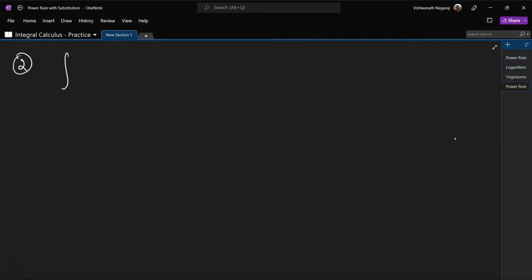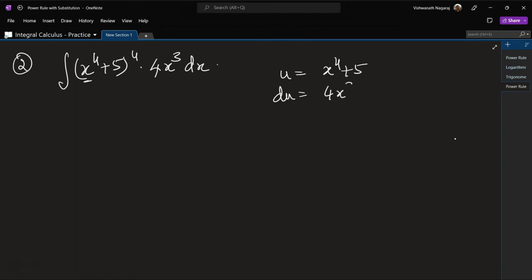Okay, second one, integral of (x^4 + 5)^4 times 4x^3 dx. Here directly you can see, if you differentiate this, you get this, right? Okay, so u will be x^4 + 5, du would be 4x^3 dx.